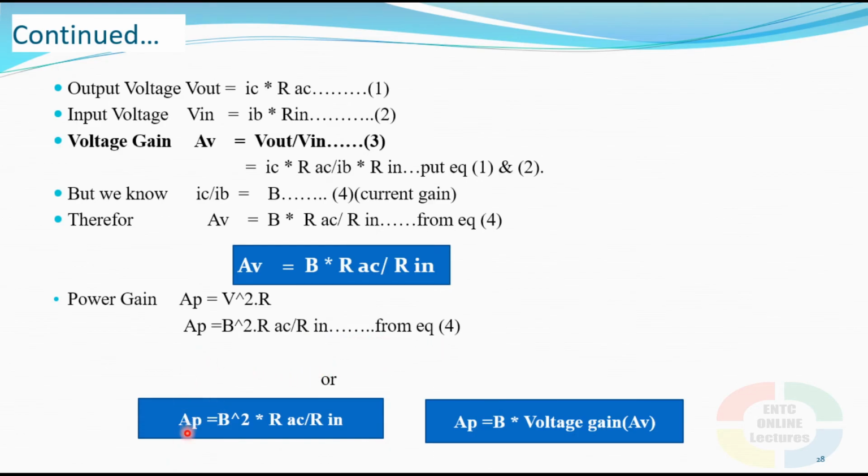Then power gain is given as AP is equal to beta square into RAC divided by Rin, or after simplification we can show power gain is equal to beta into voltage gain.